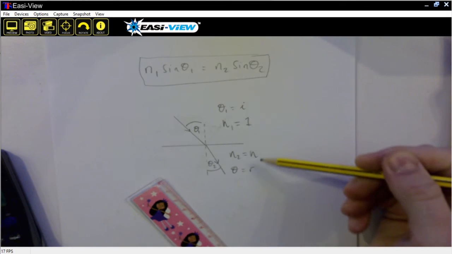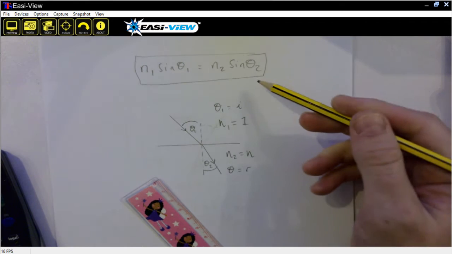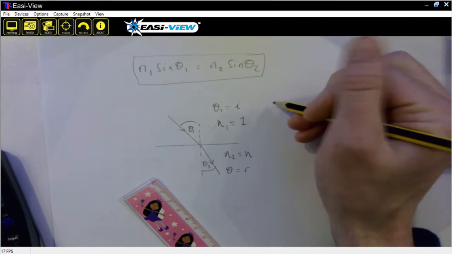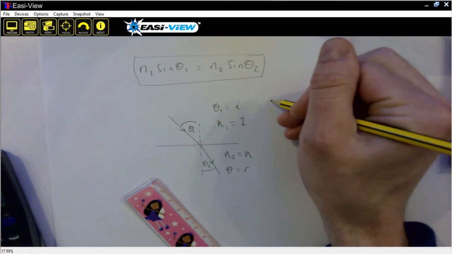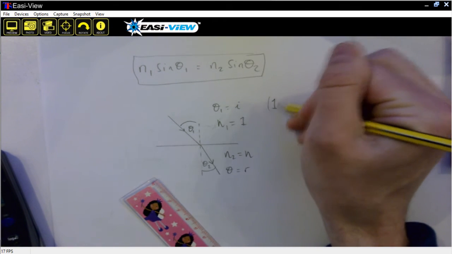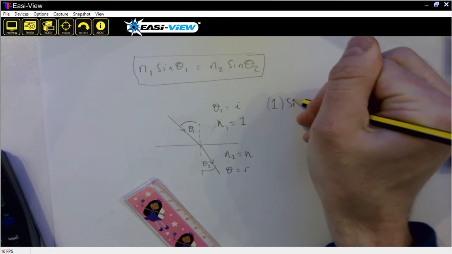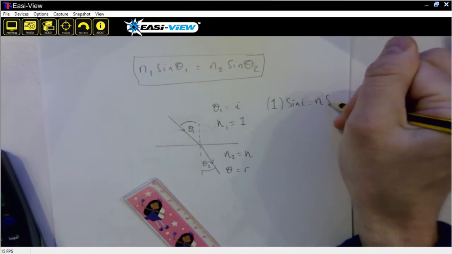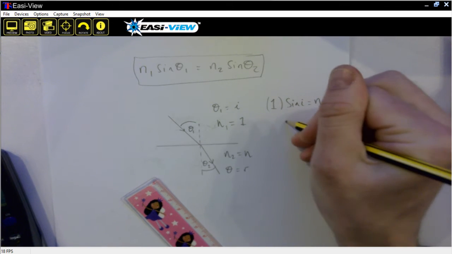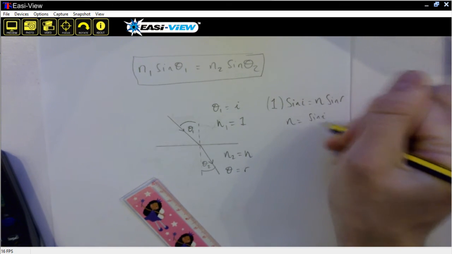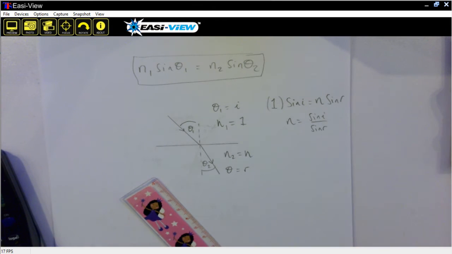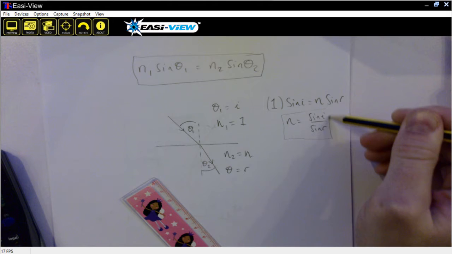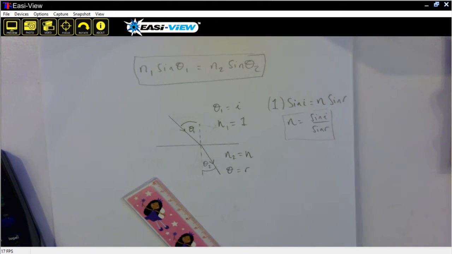Substituting this notation in, n1 turns into 1, sine I equals n sine R. And you can quickly see that n equals sine I over sine R. That's quite straightforward. So that's our old friend from GCSE, and that's where it comes from.